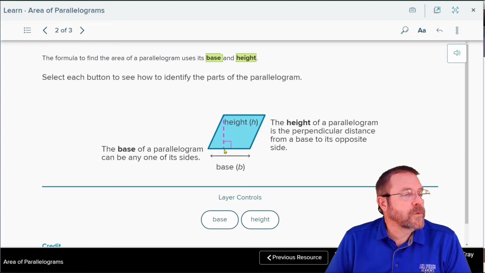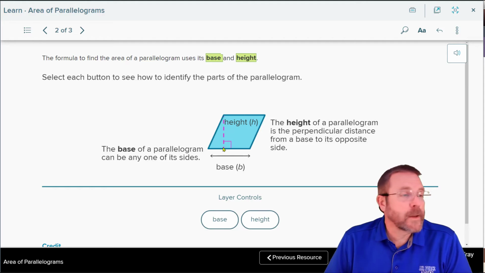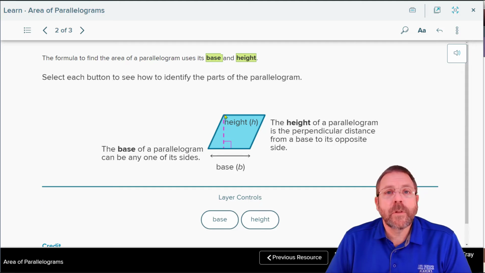So right here you can see you've got a base of B and a height of H, perpendicular, which is a fancy way of saying it makes a right angle. Now, a common mistake with parallelograms is if they give you the distance of this diagonal, people will plug that in for the height. That's not the height, that's the length of the diagonal. The height is this distance right here that is perpendicular to the base.